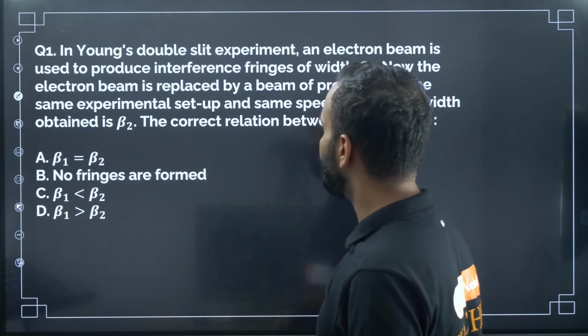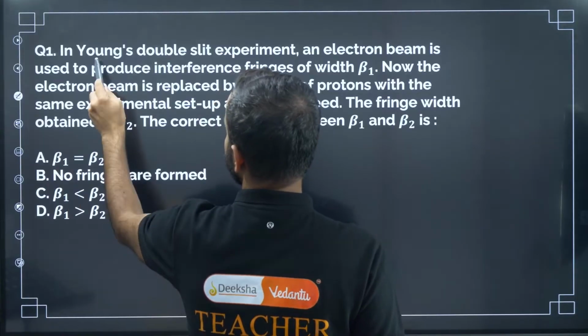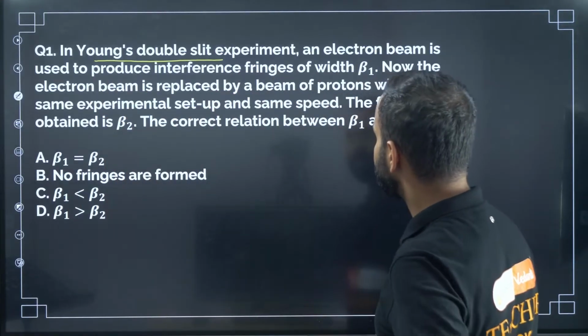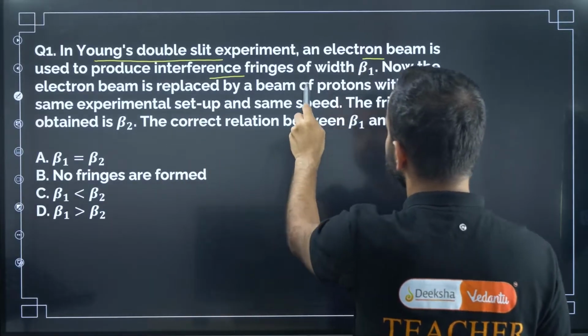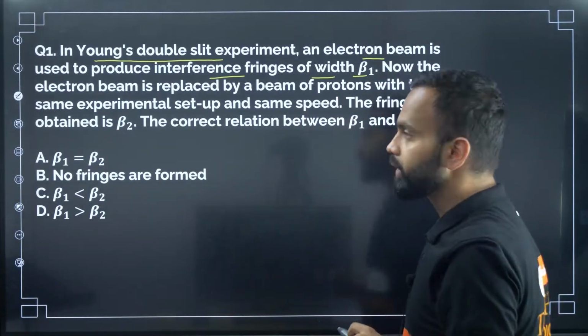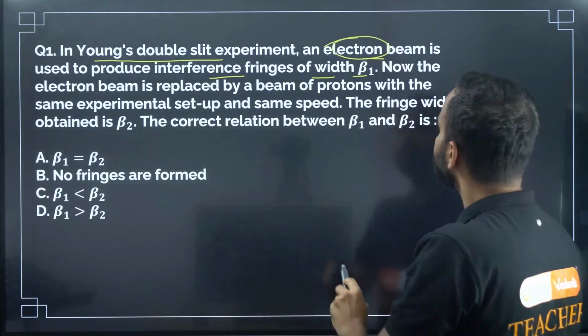So the question number 1. In Young's double slit experiment, YDSE, an electron beam is used to produce interference fringes of width beta 1. Here they have used electron beams, right?